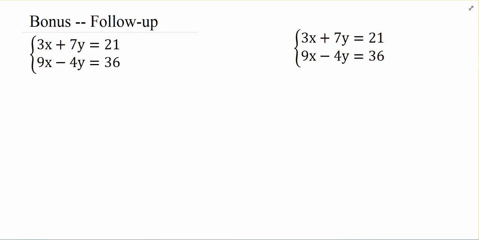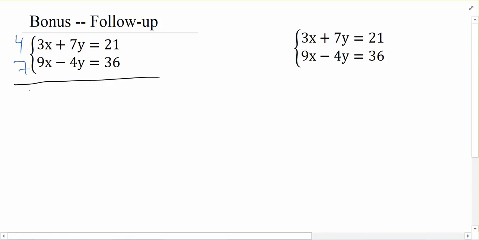So we could go ahead and modify the y's since they're opposites already. And so we could multiply the first equation by 4 and the second one by 7. Let's see where that takes us. The first equation becomes 12x plus 28y equals 84.